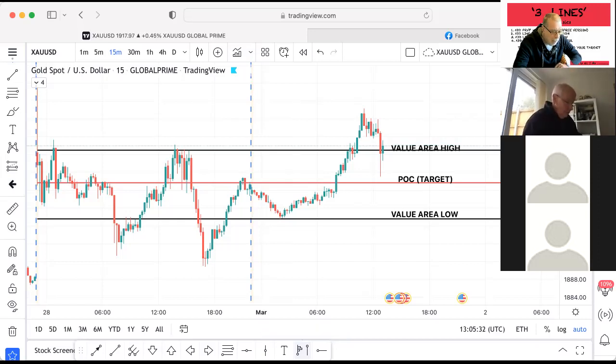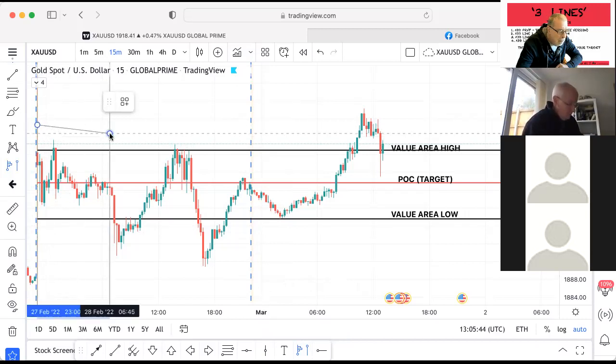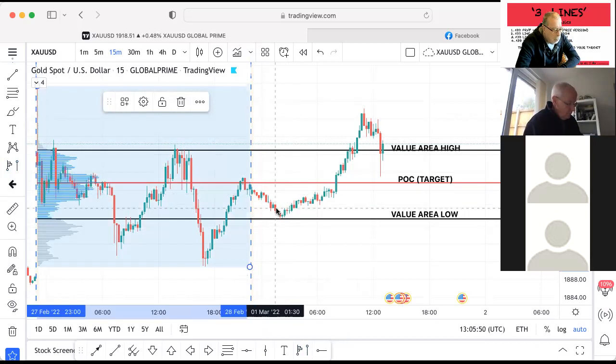So I click on there, and it doesn't matter whether you're top or bottom, so long as you are on the first candle of the day, and you click on the last candle of the day, and it gives you the volume profile. Now this bright blue area is where 70% of all yesterday's trades were placed.